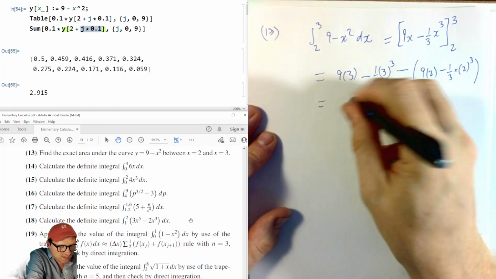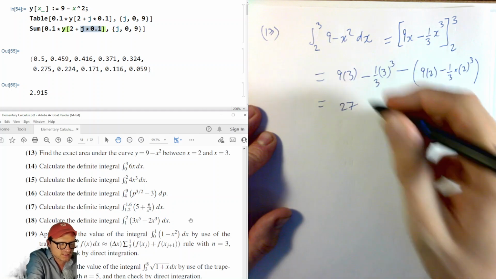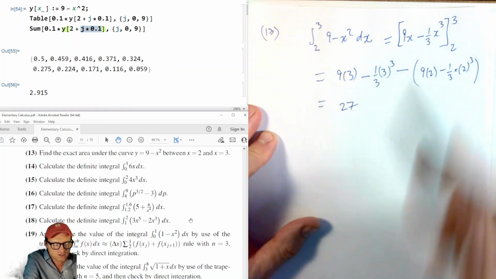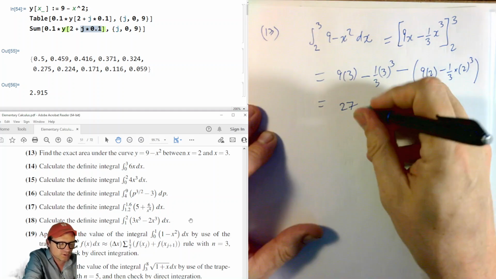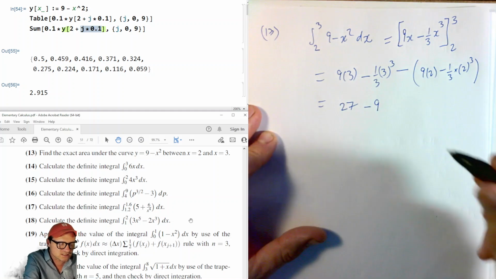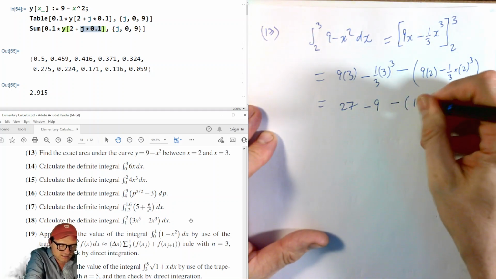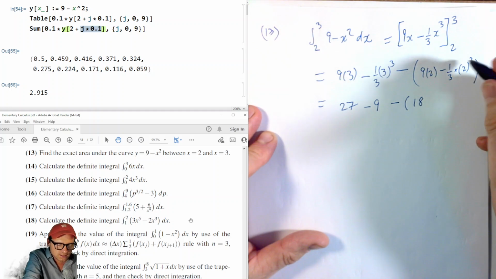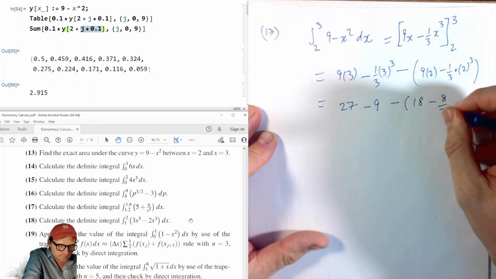Okay, let's simplify. We have 27 for 9 times 3. Now 3 cubed is 27. Divide that by 3 and we have 9. So 27 minus 9. And then we are subtracting 18 for 9 times 2. And then minus 8 over 3.